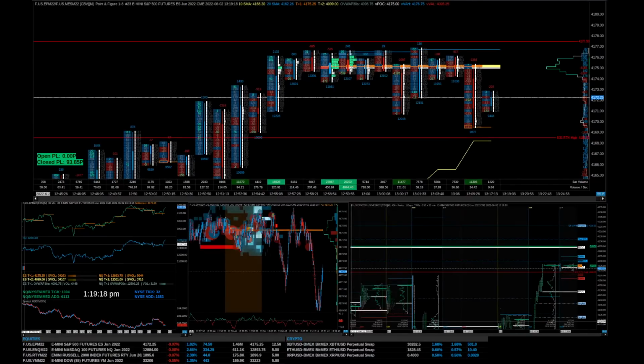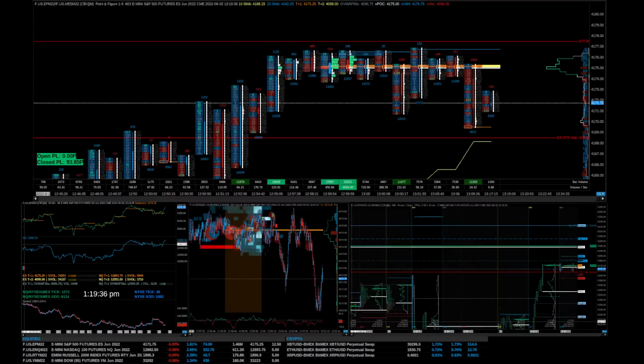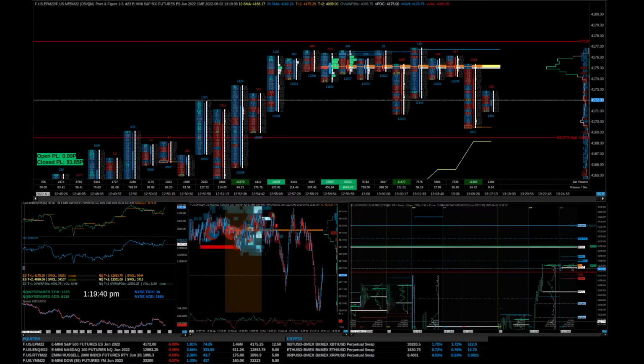And that something else on my DOM for open position average price is first in, first out fill matching. So first in, first out.